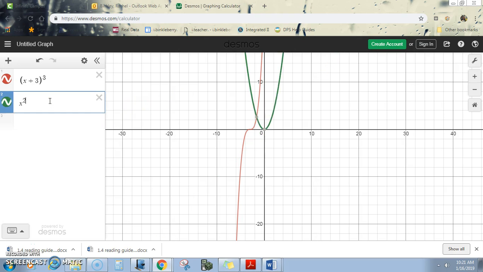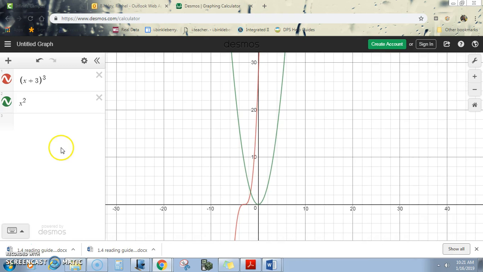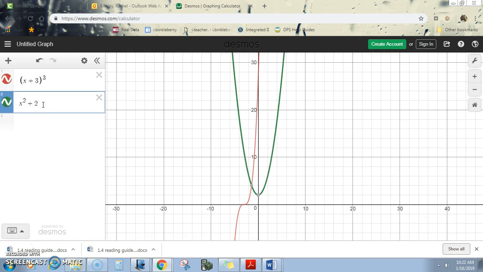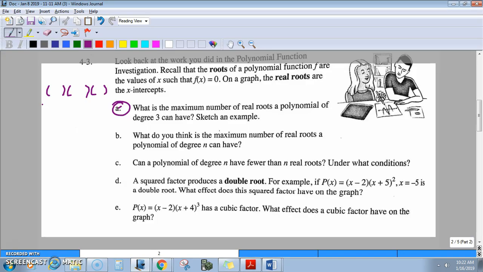If we just do x squared, that touches once, but we can also move this parabola up so it doesn't go through the x-axis at all. So because it's an even degree, it can have 0 roots. But an odd degree always has to have at least 1 root, okay?